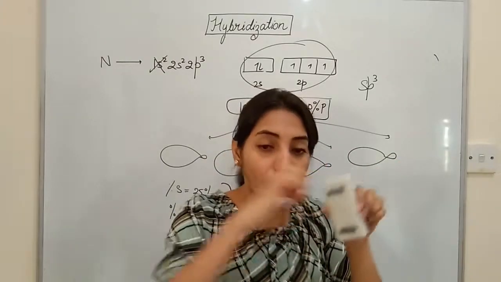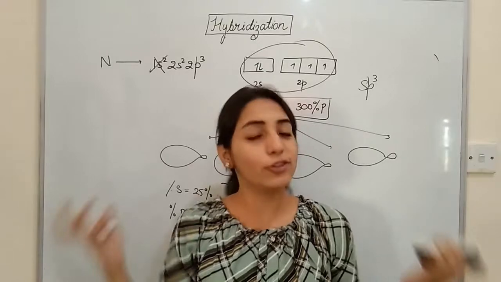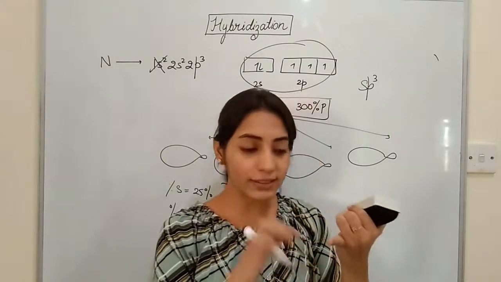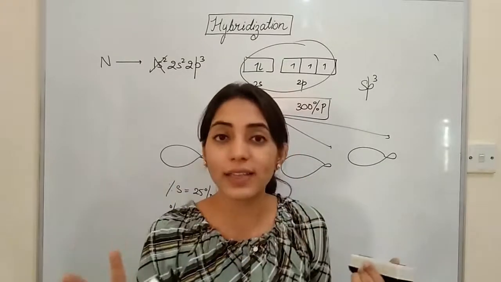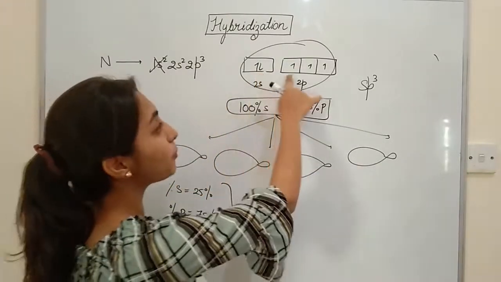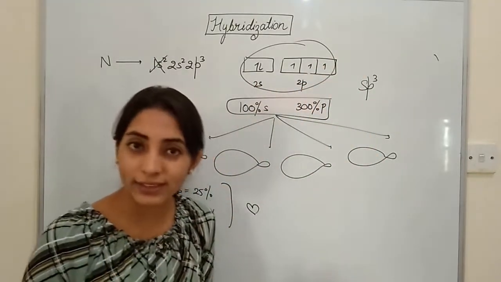So how many electrons are there in the orbital has got nothing to do with hybridization. So here we learned two things. First, excitation has got nothing to do with hybridization. Second, whether the electron is paired or unpaired or empty, that has got nothing to do with hybridization.